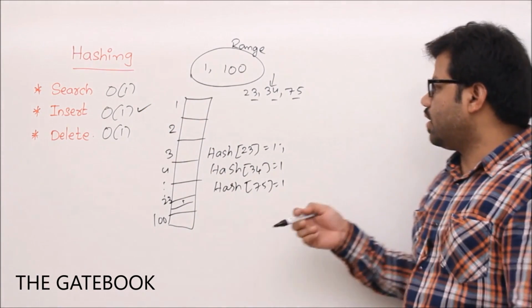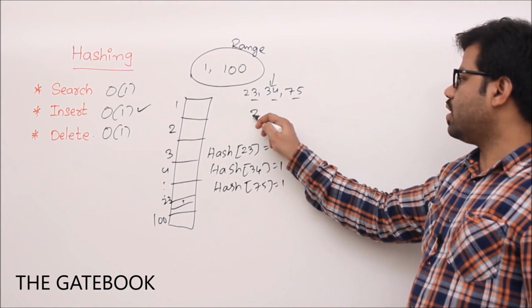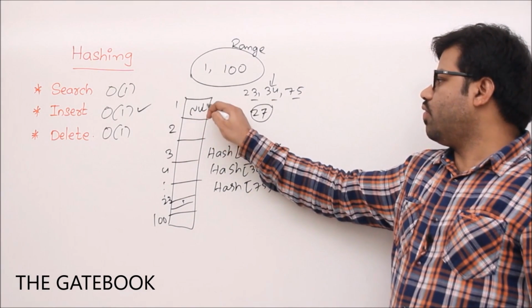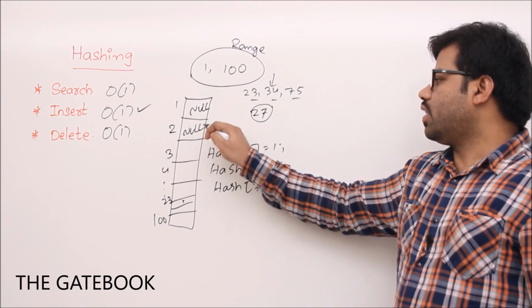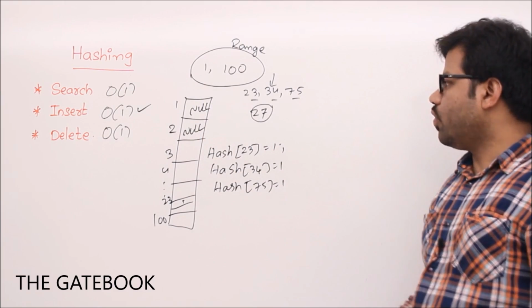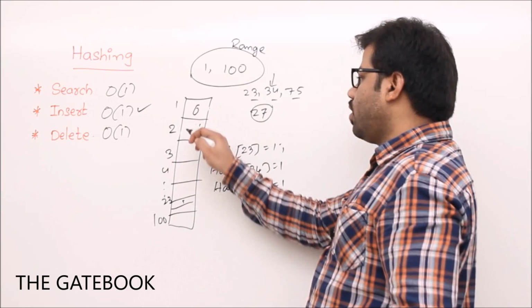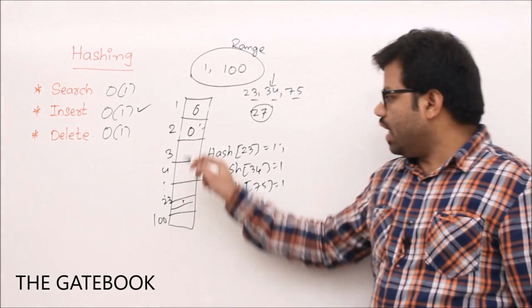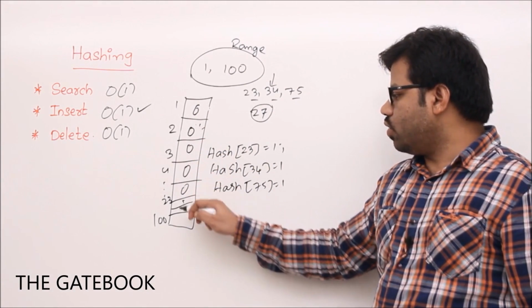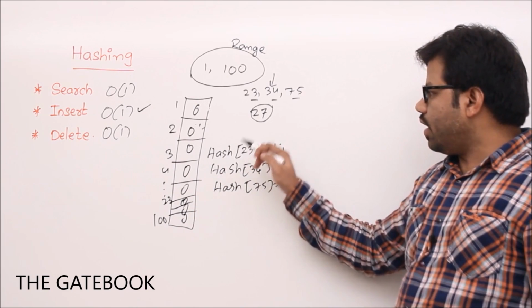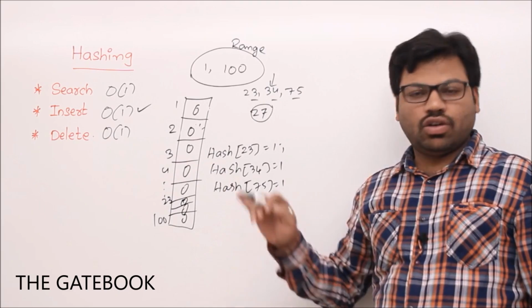Now we'll see search. For example, I would like to search 27, which is not available. We know that, correct? Let's initialize every value with null first. That means nothing, nothing, nothing. Of course, we can make it 0 also if you want. If you initialize this entire array with zeros, then every data item has a reserved position, so whenever you get the data, go there and mark it.